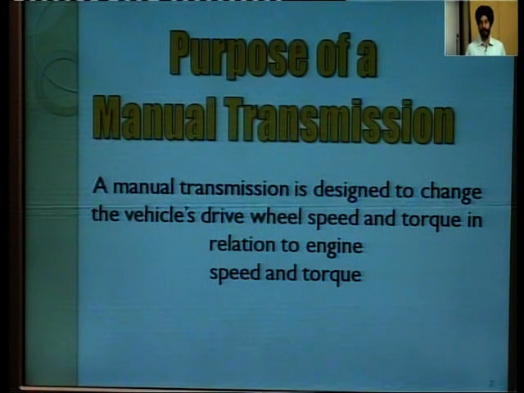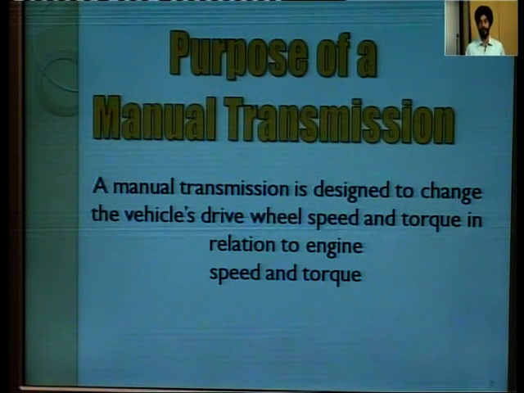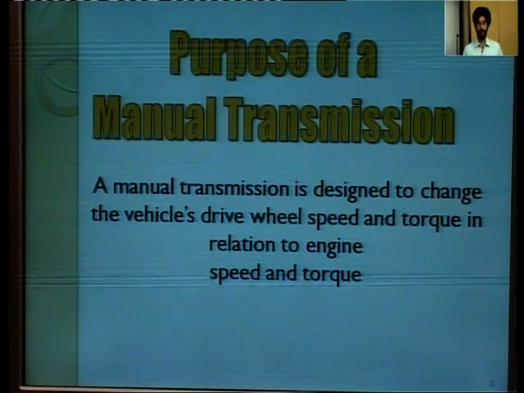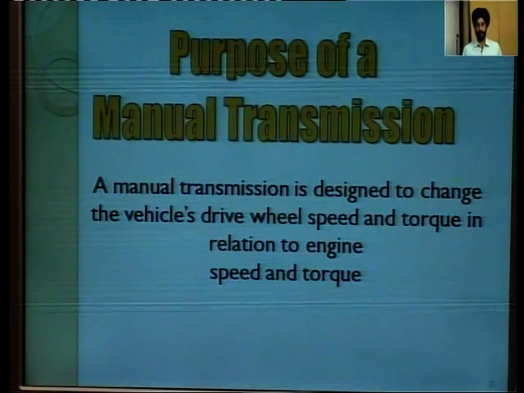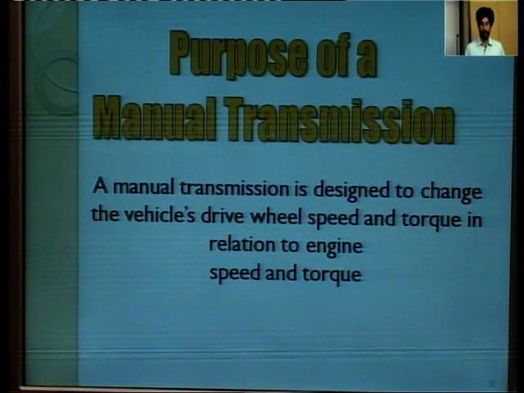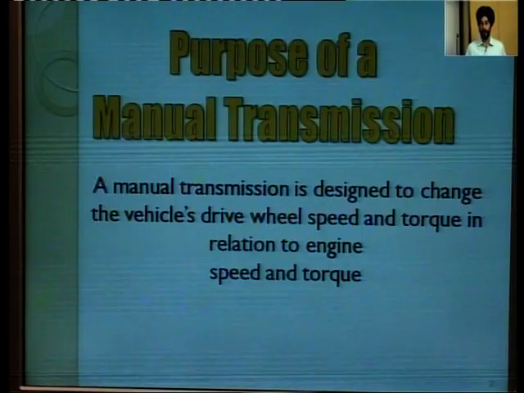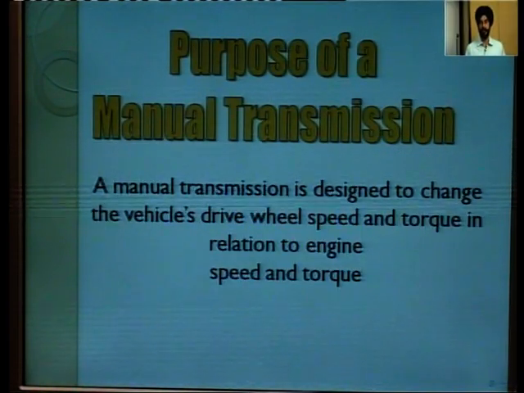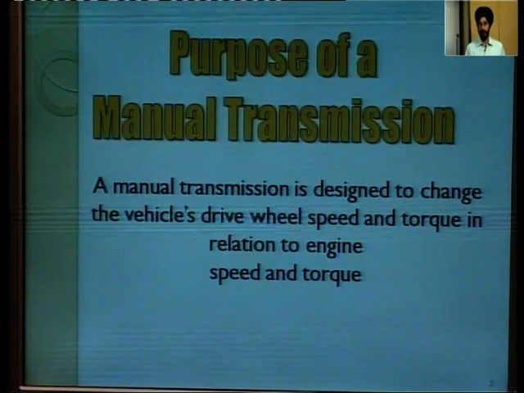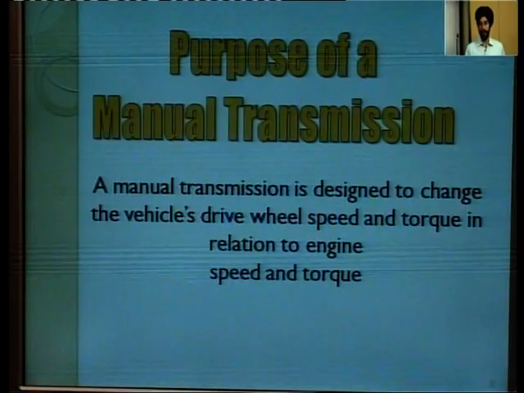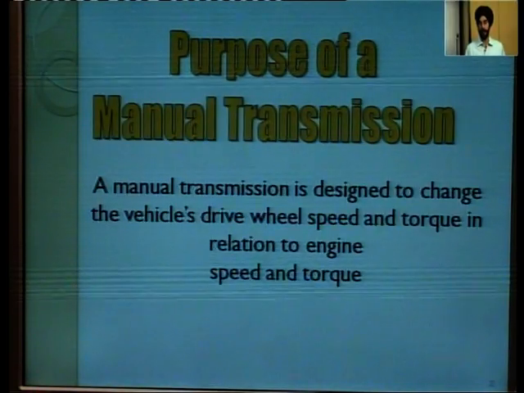Why do we need manual transmission or transmission system? Actually, the engine is developing power in a narrow range of torque and RPM, while we need a larger range of speed and torque for starting a vehicle from rest position, secondly to accelerate from low velocity to high speed, and to continue driving at high speed.